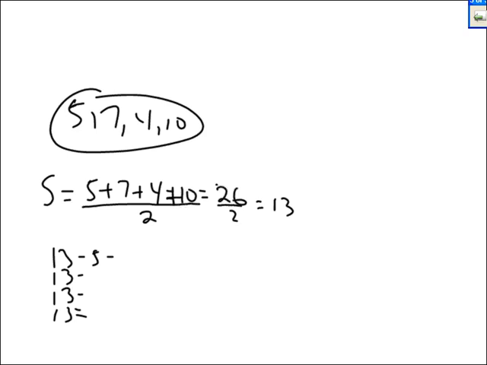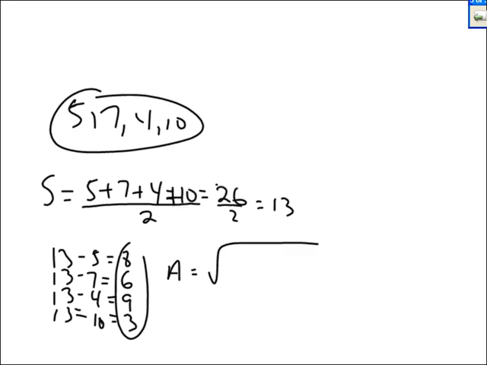13 minus 5 is 8. 13 minus 7 is 6. 13 minus 4 is 9. 13 minus 10 is 3. So the area is the square root of 8 times 6 times 9 times 3.